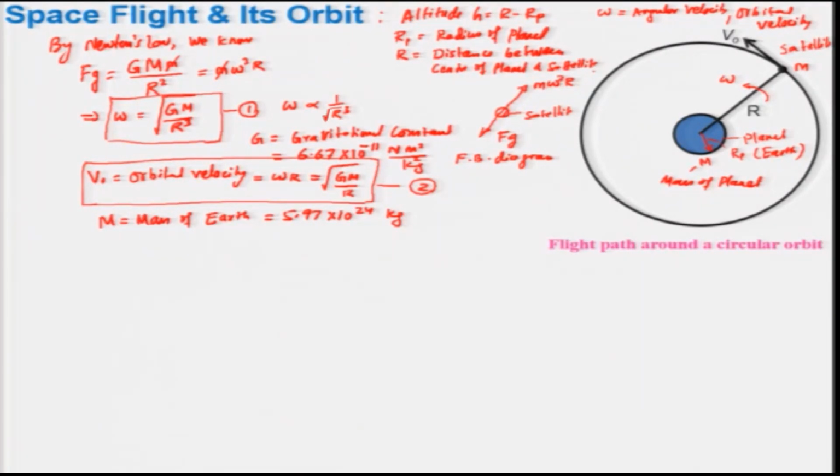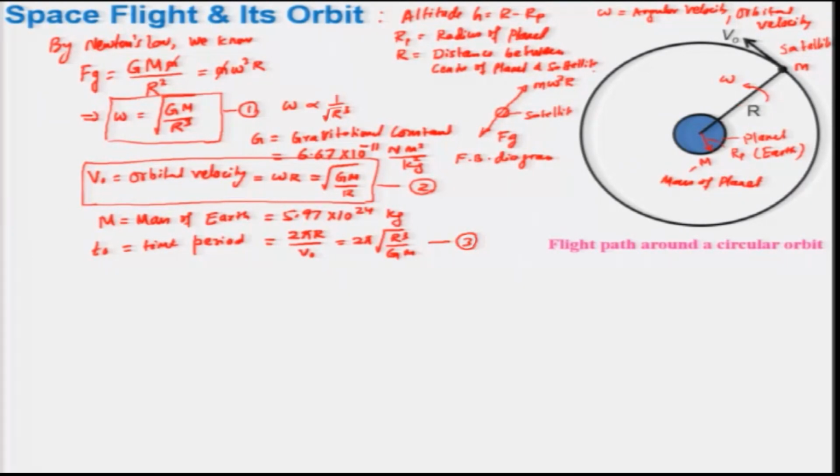T naught is basically the time period, equal to 2 pi r by V naught, and that is basically omega, right, 2 pi by omega, that is equal to 2 pi into root of r cubed by GM, and this is equation 3. And the time period goes on increasing when this radius r increases.